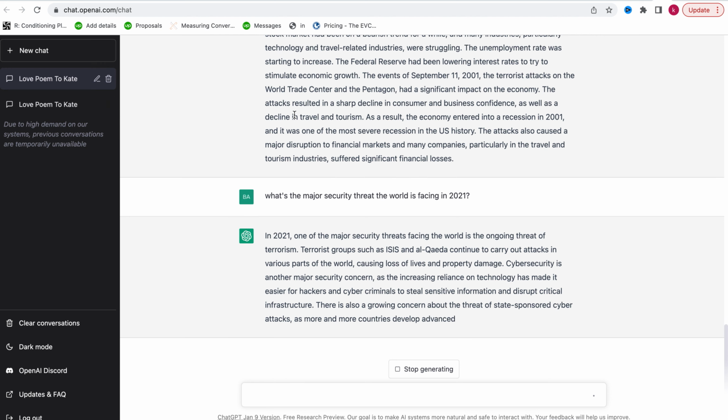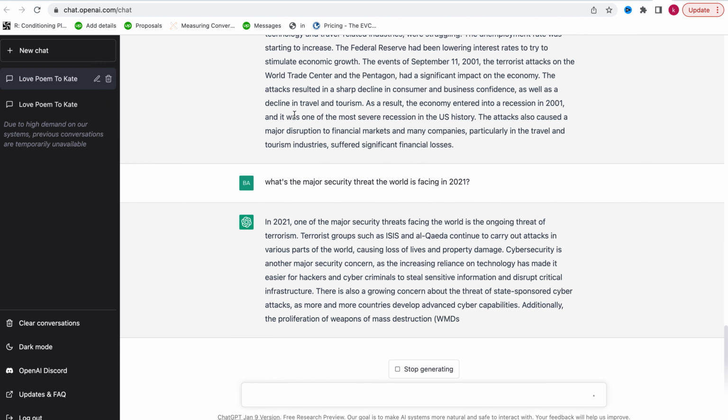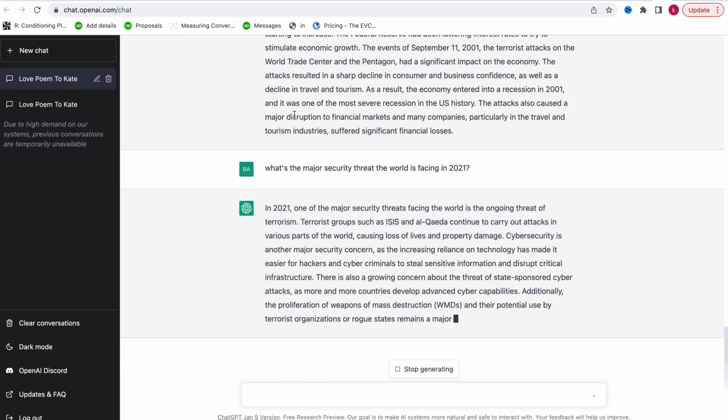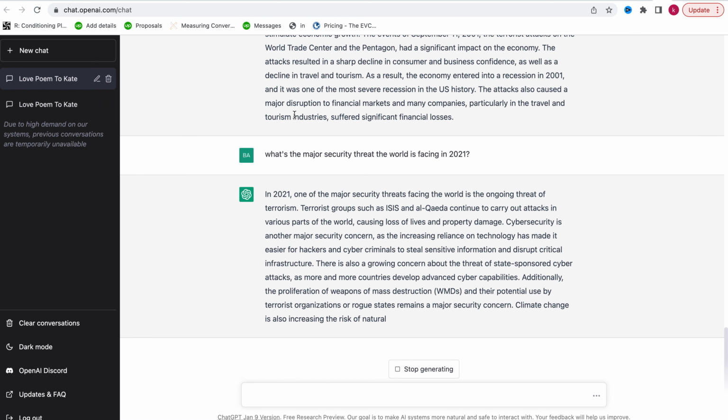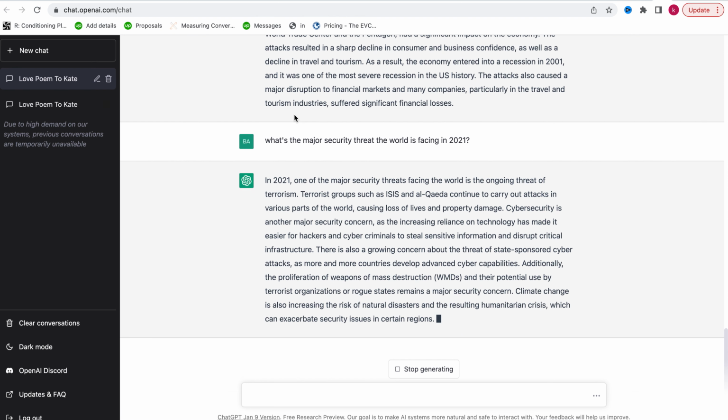Cybersecurity is another major security concern, with increasing reliance on technology and so on. So it talks about cybersecurity, terrorist attacks, and additionally the proliferation of weapons of mass destruction and their potential use by terrorist organizations and so on. Those are the kinds of things we are getting back here.